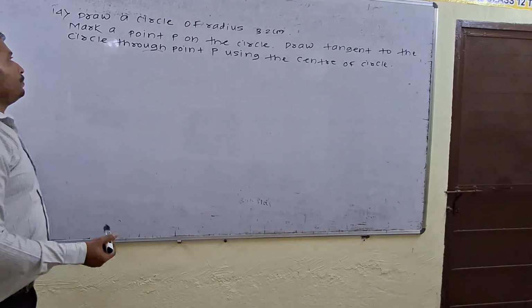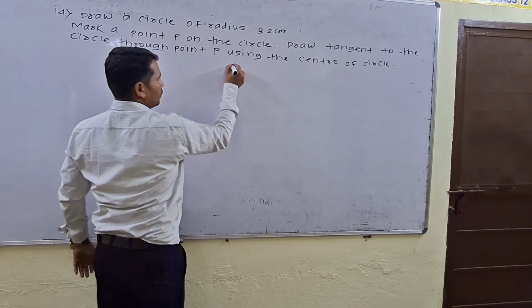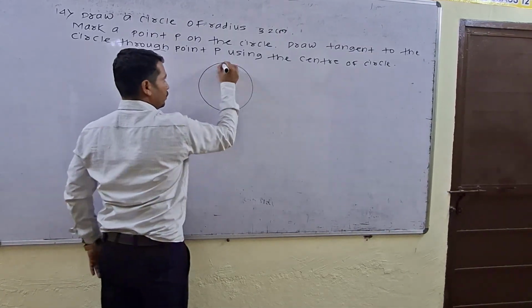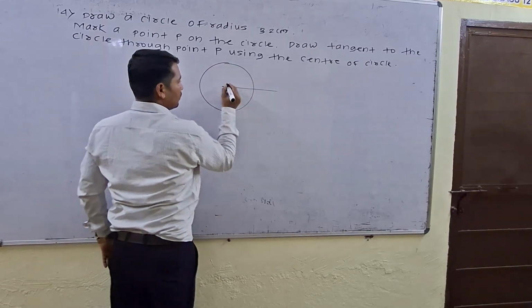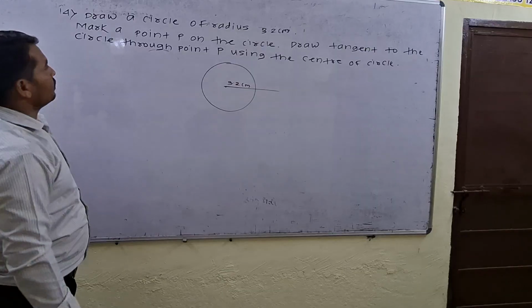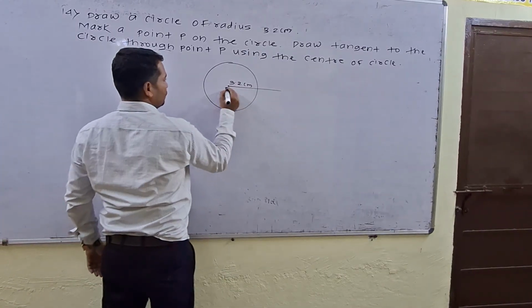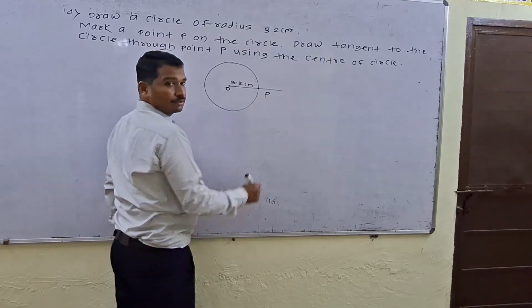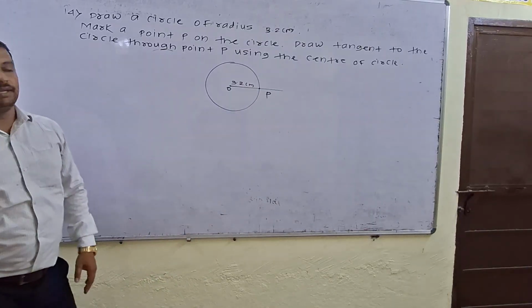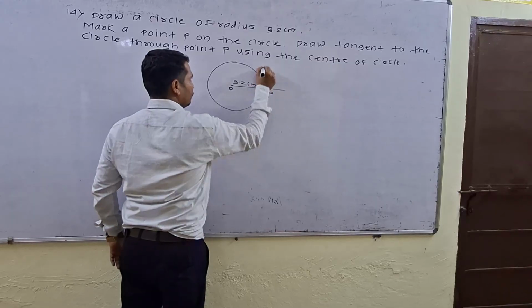First you will draw a rough figure. Draw a circle of radius 3.2 centimeter. Take a point P on the circle. So we take P as a center. There is a point P on the circle. Next, you try to draw again.